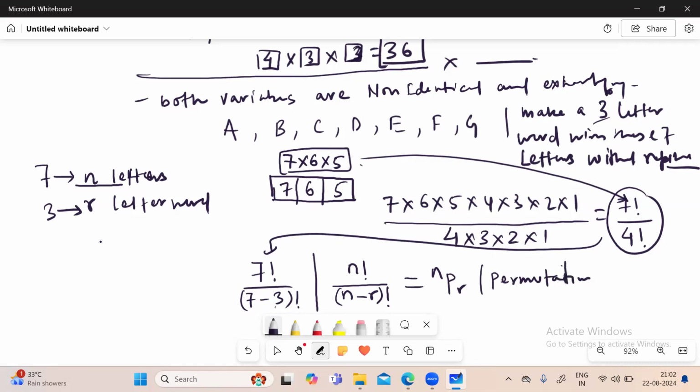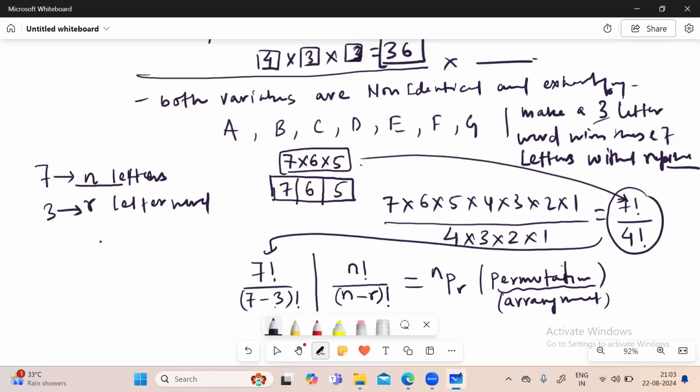अब permutation word जो है, इसका मतलब होता है, the meaning of permutation word is arrangement. Okay, so basically just forget the situation which was to make a word here. It is same that we have 7 letters and you have to arrange 3 in a sequence. Out of those 7 letters, you have to pick 3 and you have to arrange that in sequence.